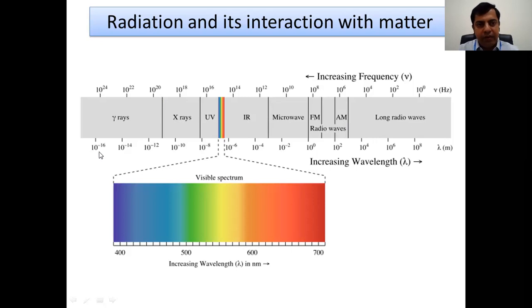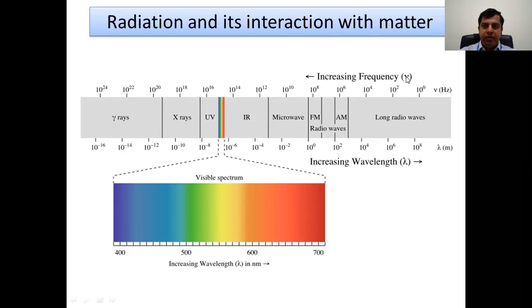So if you have a look, the wavelength increases from gamma rays to the radio waves, and the frequency decreases from gamma rays to the radio waves, and the energy also decreases from this side to this side, because according to Planck's equation, E = hν, E and ν are proportional to each other.